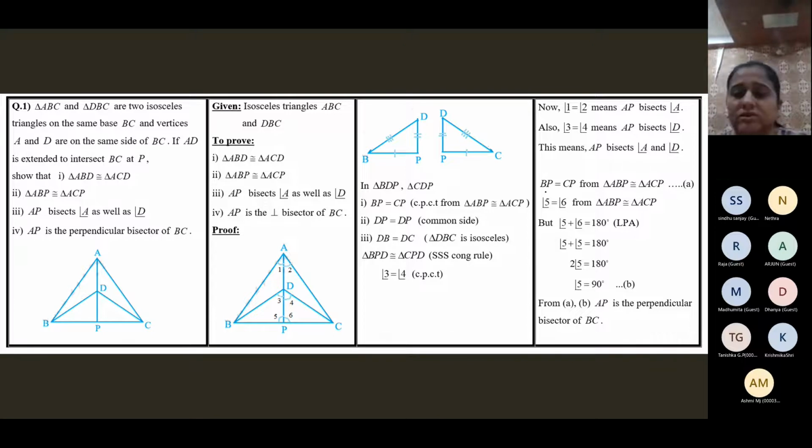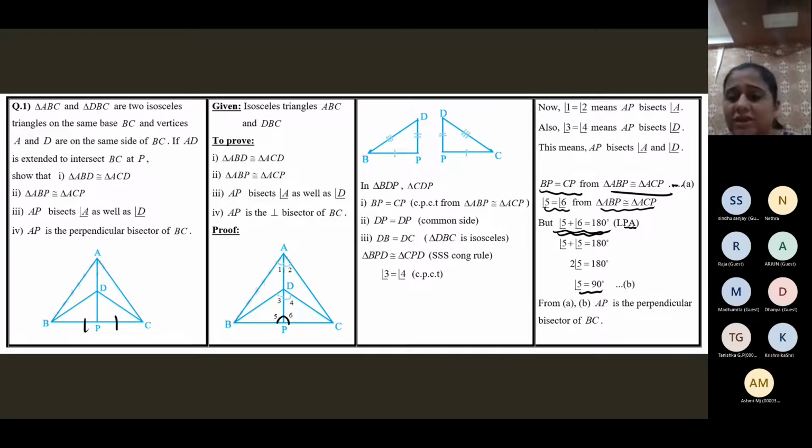So that's what you have here. See here. BP is equal to CP from the congruency of these two triangles. And angle 5 is equal to angle 6 from the congruency of these two triangles. But 5 plus 6 is equal to 180, linear pair axiom. So working that, you get angle 5 is 90.